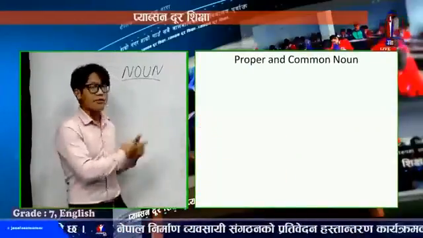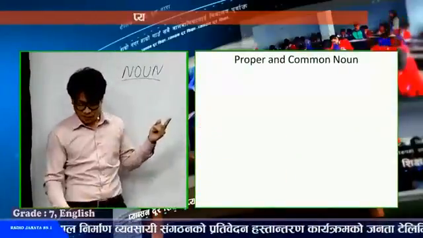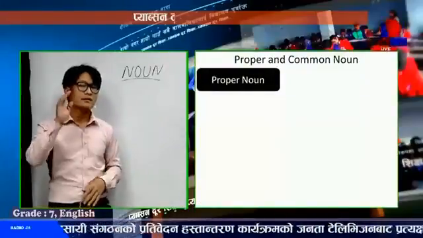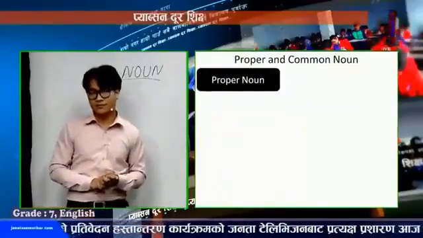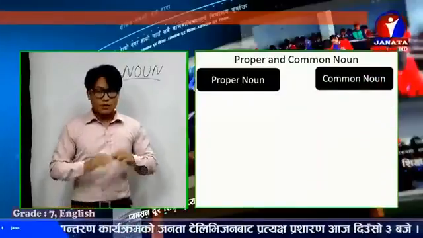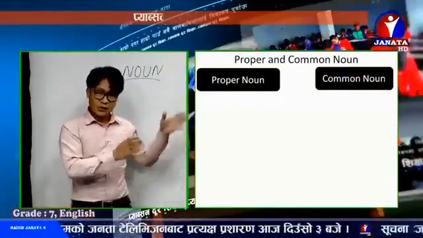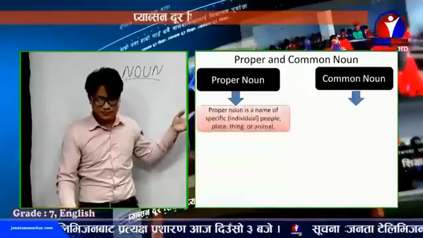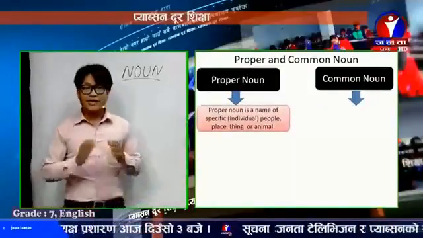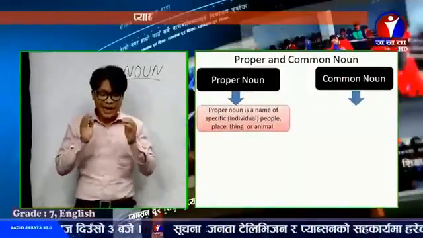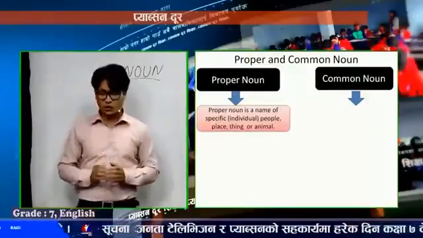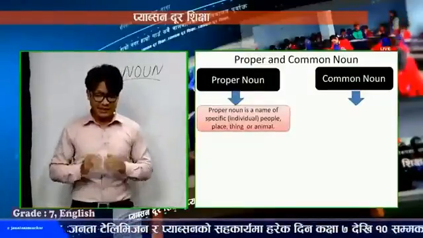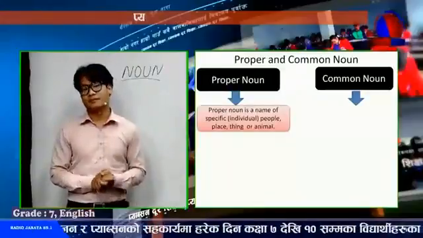Common and proper noun. See, you can see here. First of all, what is a proper noun? And what is a common noun? Now you can see the example. A proper noun is a name of a specific or individual person, place, thing, or animal.